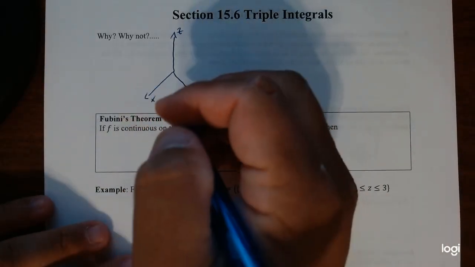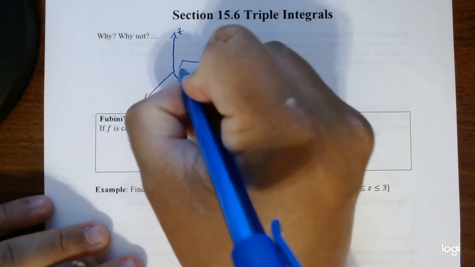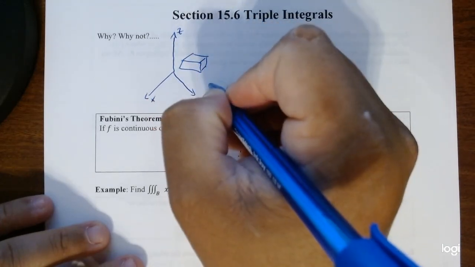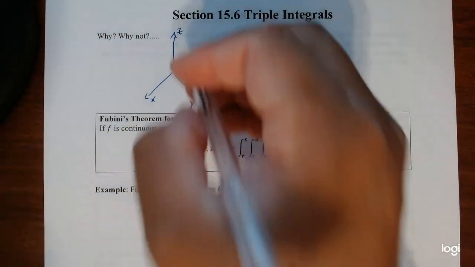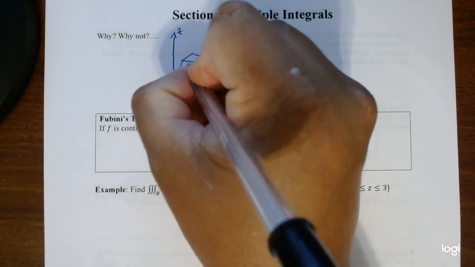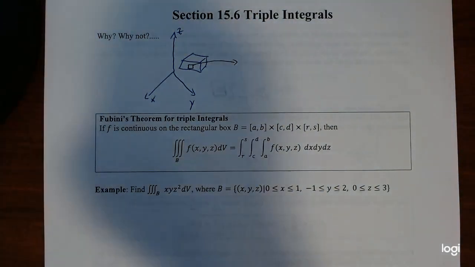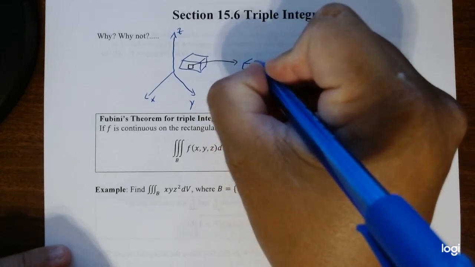Okay, so a triple integral is basically if I have a surface, so for example, let's suppose I have a cube in 3 dimensions. Okay, so therefore I'm going to cut a portion out of this cube. Okay, and that portion is literally just a cube itself.